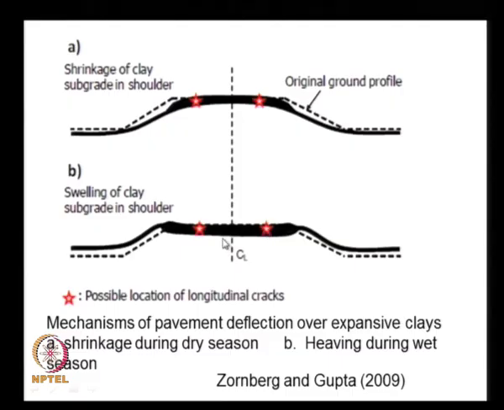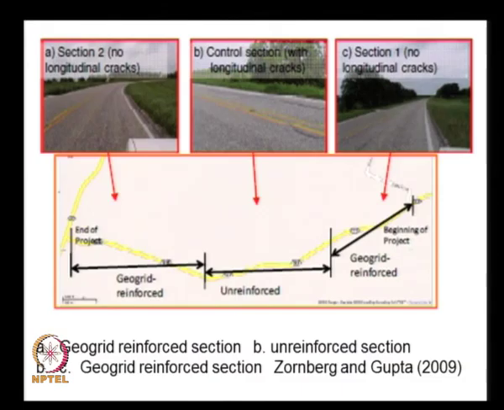So, if we provide a reinforcement that can bind the soil together, we could have a good performance. And in this paper, Johnberg and Gupta have presented the data on some field work that they have done in Texas. They have treated soil over a length of almost 3 kilometers.